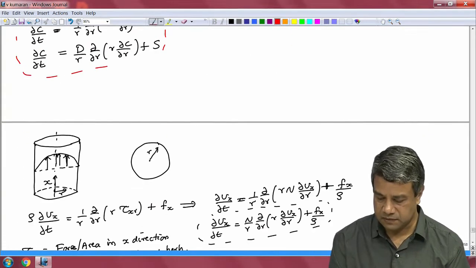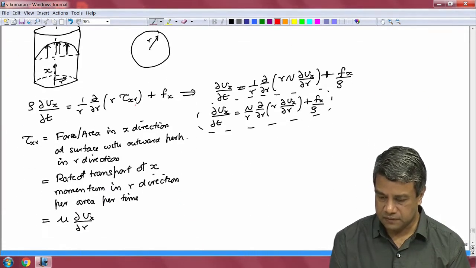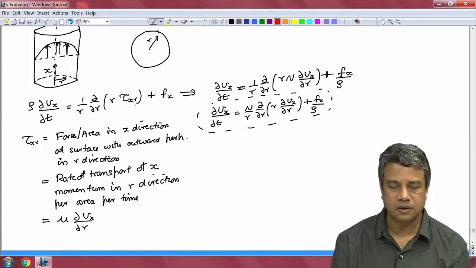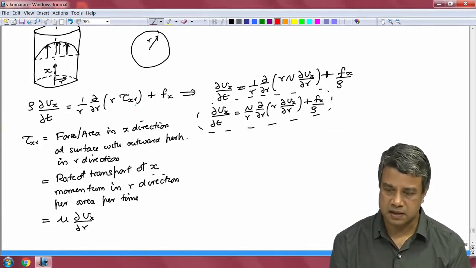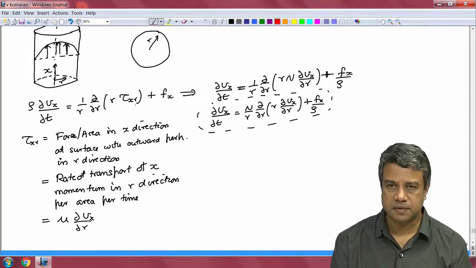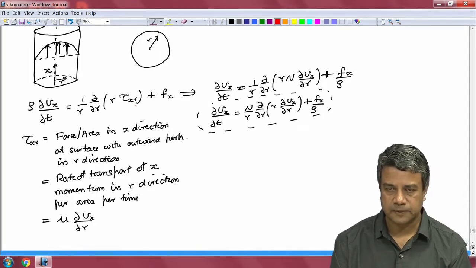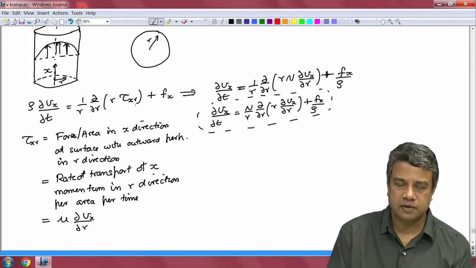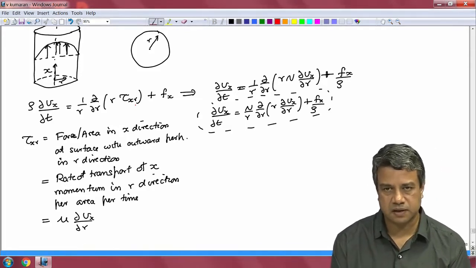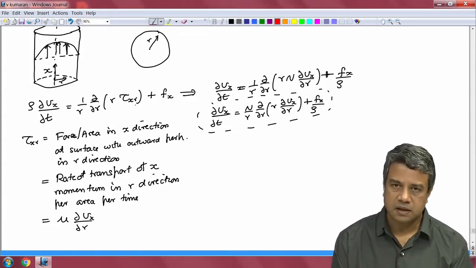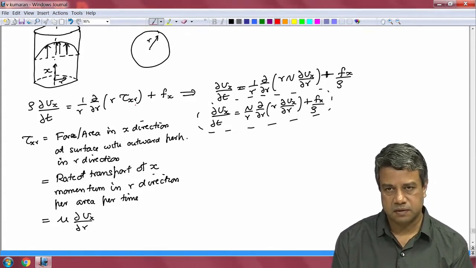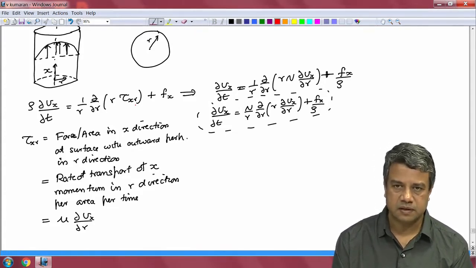And we had also seen for a fluid flow, if the flow is in the axial direction, then the equation is identical to what we get for mass and energy conservation, except you substitute the axial velocity for the concentration or temperature, the momentum diffusion coefficient instead of the mass or energy diffusion coefficient, and the body force per unit volume instead of the source.